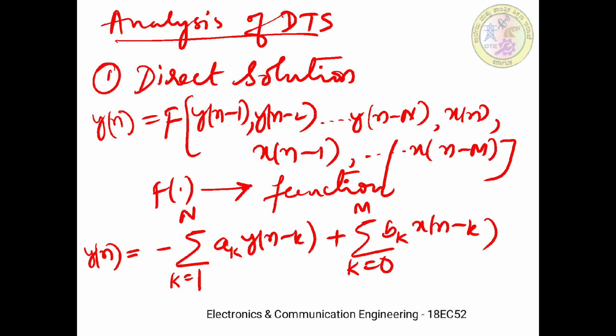In this equation, a k and b k are constant parameters that specify the system, and they are independent of x of n and y of n. The input output relationship given by this equation is called a difference equation, and it represents one method of characterizing the behavior of discrete time systems. Later we will see the solution of these systems.